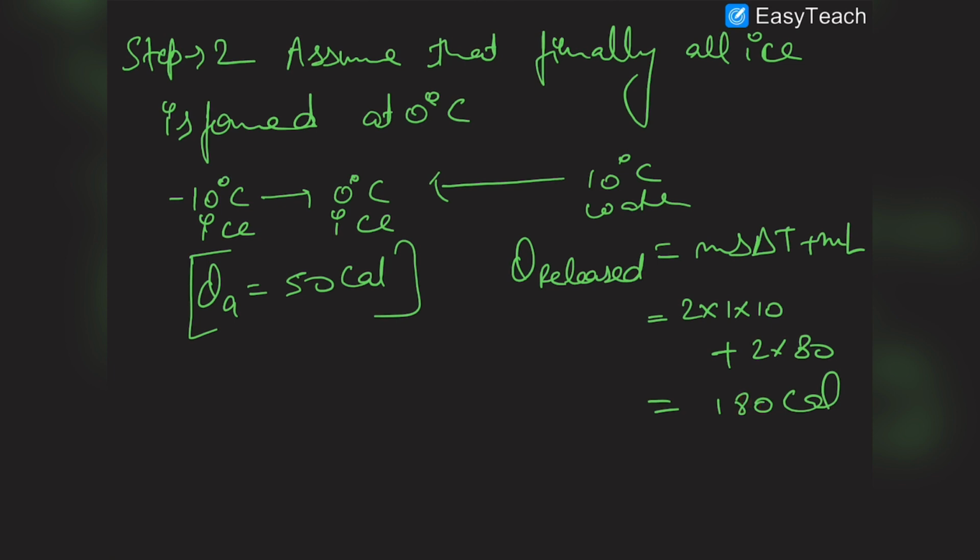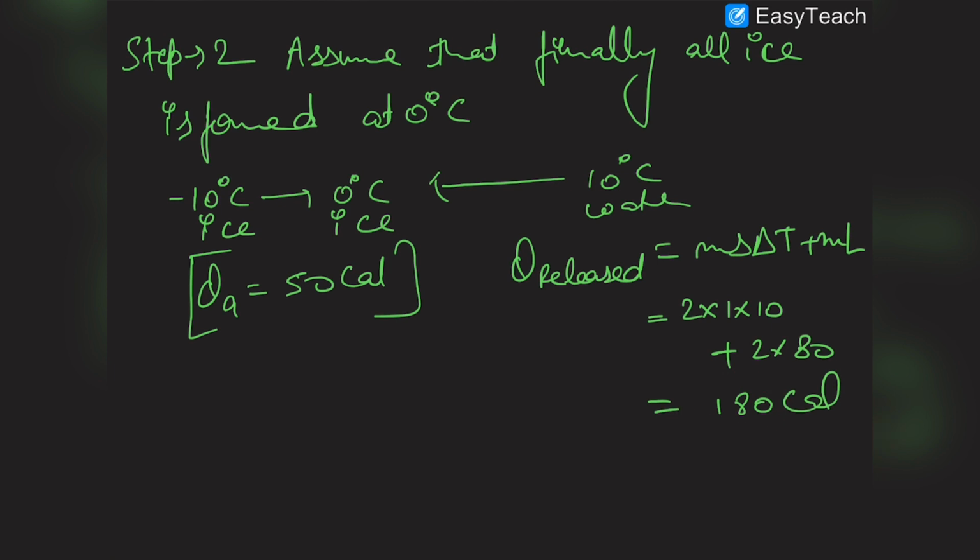So that extra heat would not be required by the ice, because we know that the ice is coming to 0 degrees Celsius and it requires only 50 calorie. So what would happen is that water would come from 10 degrees Celsius to 0 degrees Celsius and release 20 calorie of heat, and the remaining 30 calorie required by the ice would be released by the water by partially freezing.